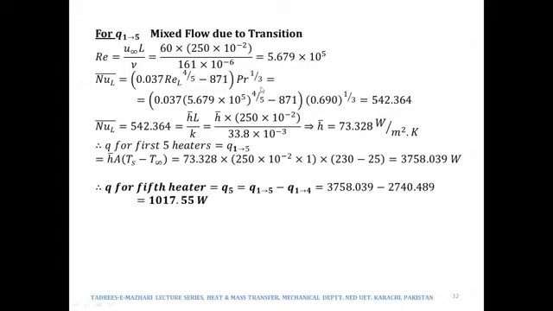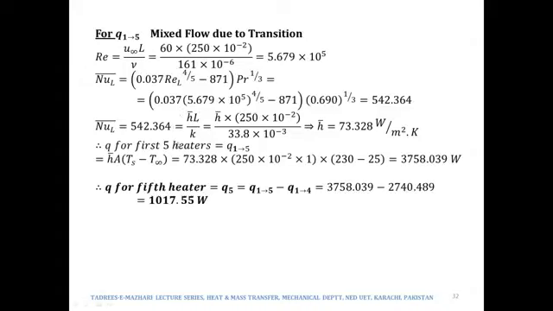If you go to those previous slides that we have discussed, I think it was probably the fourth or the fifth slide in this particular chapter number 7. We had first the slide for the flow over a flat plate when the flow was entirely laminar, and then entirely turbulent, and then mixed. So this is the mixed case. When we put in the values, we get the Nusselt number as 542, and this is the average Nusselt number over the first 5 plates, 1 plus 2 plus 3 plus 4 plus 5 averaged.